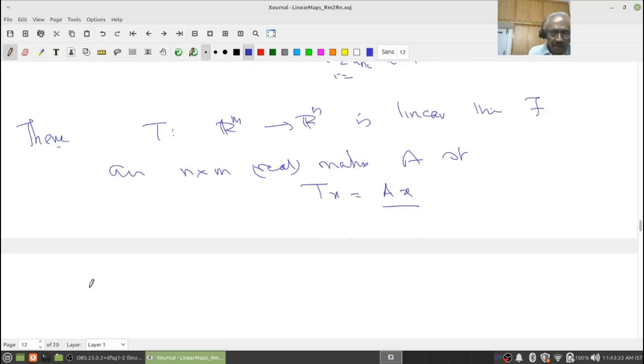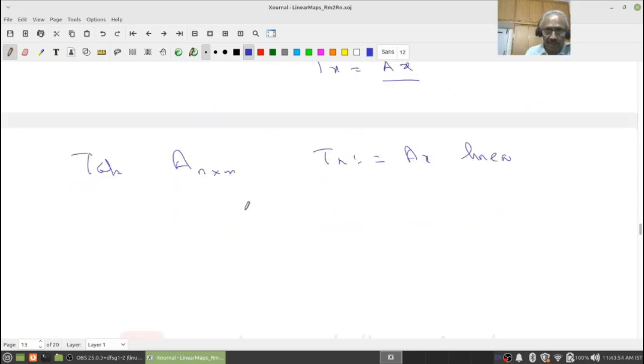But now take any n cross m matrix and define T of x equal to A times x. Is this linear? We said if it is linear, it is of this form A x, the matrix A times the vector x. But is it linear? It is always linear. That's what we want to say.